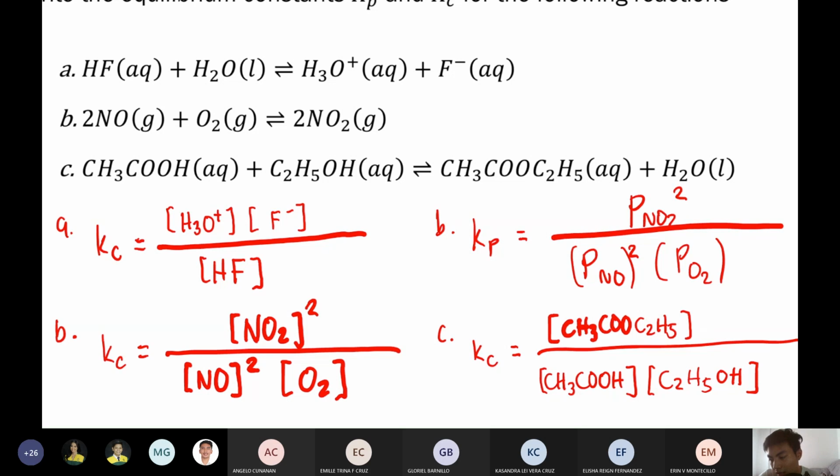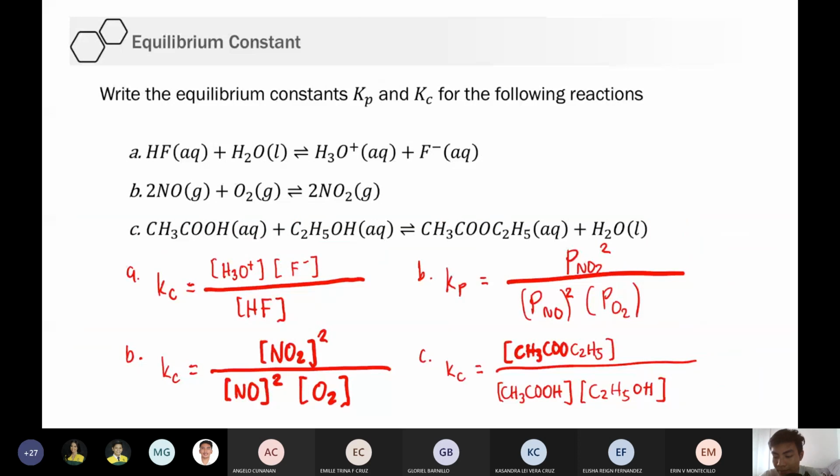Again, emphasize ko lang, kapag yan ay gaseous, we can write both Kc and Kp. However, if yan ay aqueous, we can only write the Kc.